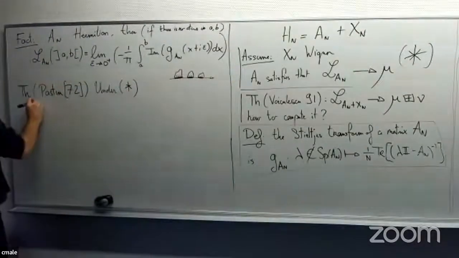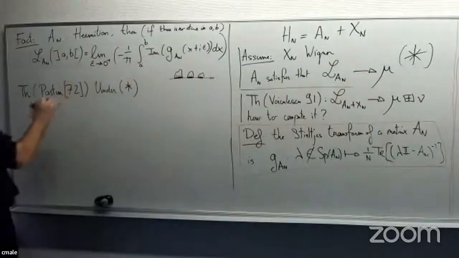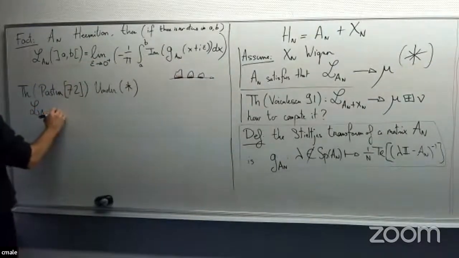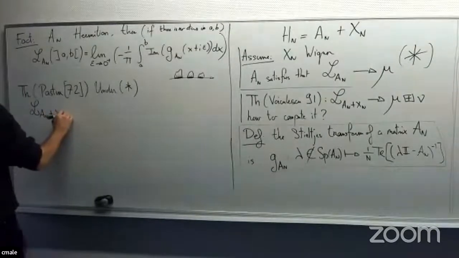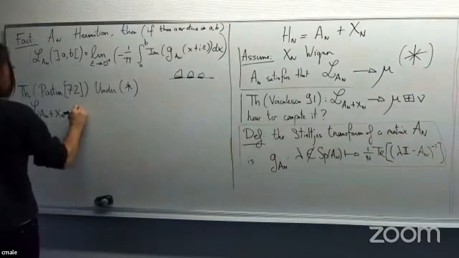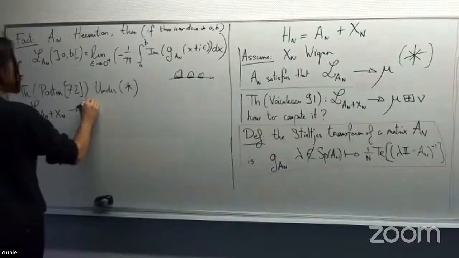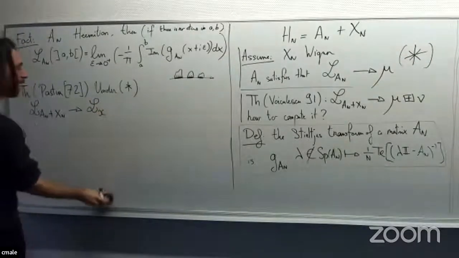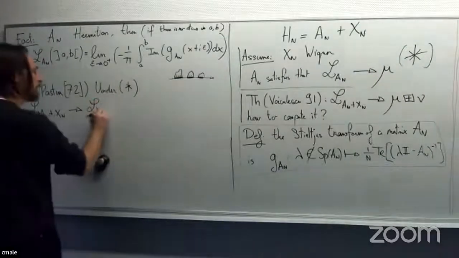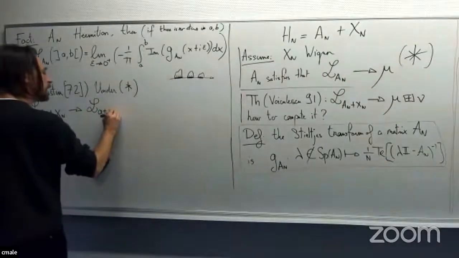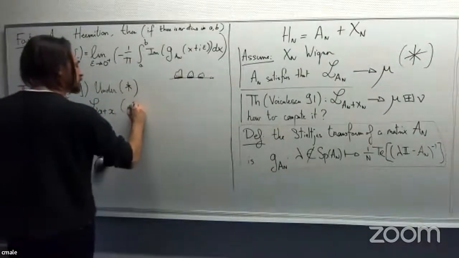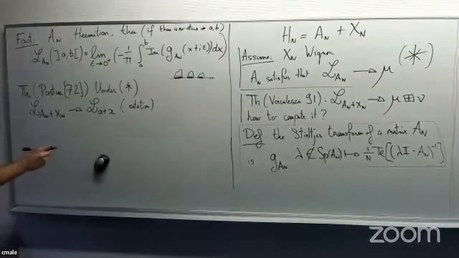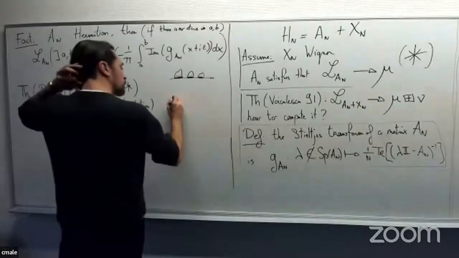Then the empirical eigenvalue distribution of the sum of two matrices converges to a distribution that I call L index a plus x, just a notation to remember that it is a limit of the distribution of the sum, given by the following.